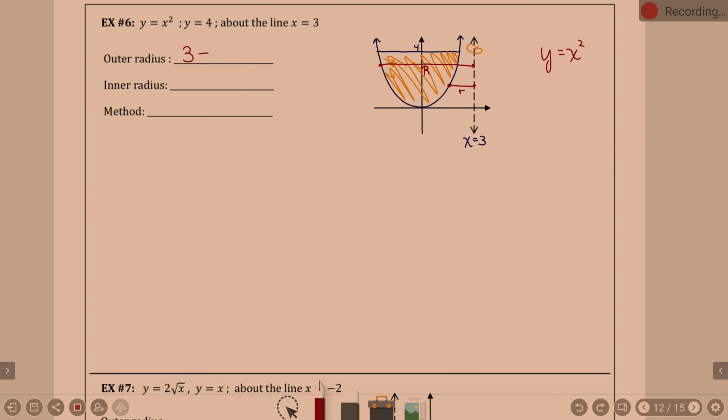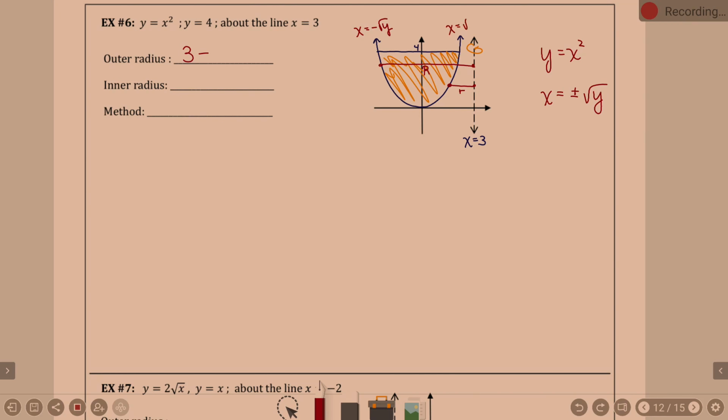But what do you know about y equals x squared? x equals square root of y. Officially, plus or minus the square root of y. Does that matter? Yes. It does. It's really negative. So what is this over here in quadrant 2? 3 plus the square root, because it's the negative square root of y. So this side is x equals negative square root of y over here. What is in quadrant 1?